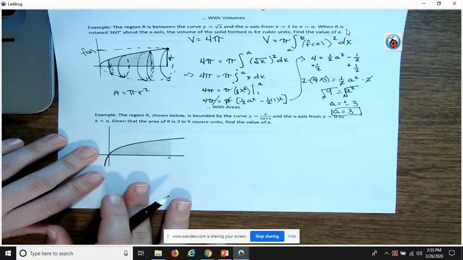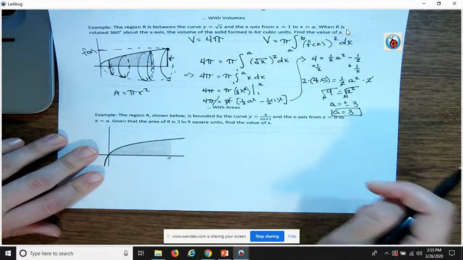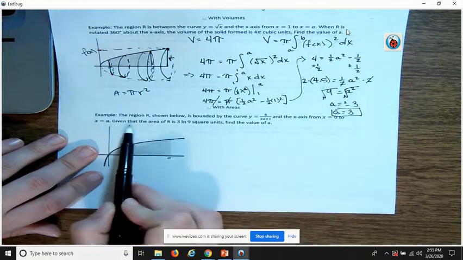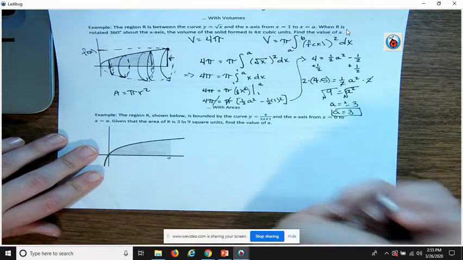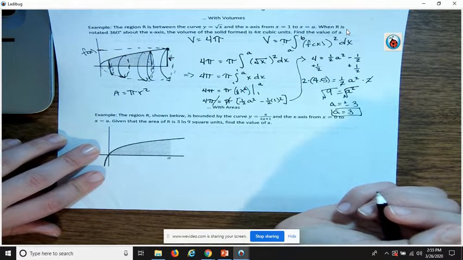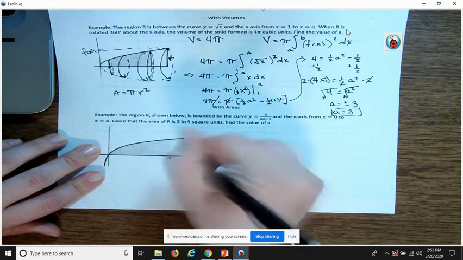And now here, in example 2, we're going to do an area problem. So it says the region R is shown below. It's bounded by this curve and the x-axis from x equals 0 to x equals a. Given that the area is 3 natural log of 9 square units, find the value of a. So this one, we're just setting up like a regular old integration, finding the area under a curve problem.